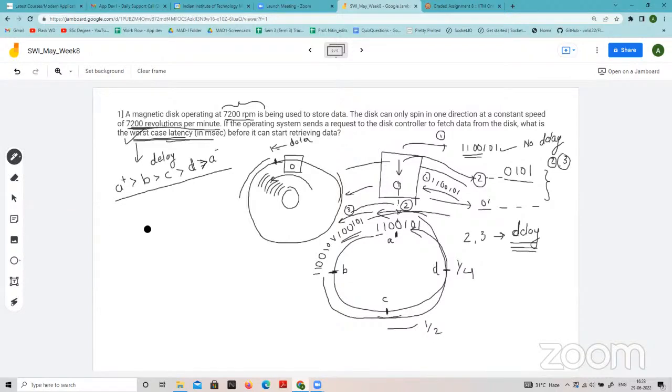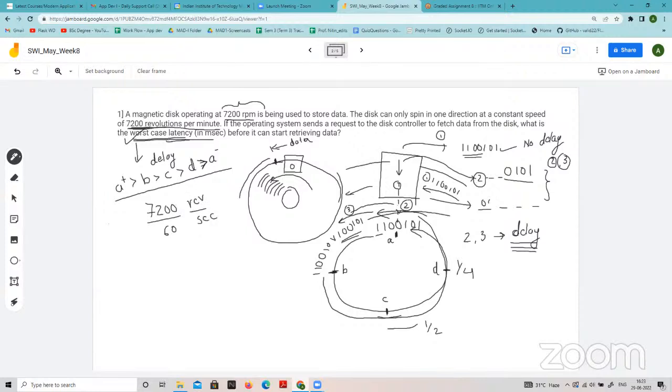Now I'll just remove this part, try to erase it. Okay. Now we'll use the data given in the question and find out the time taken by this point to take one rotation of the disk, right? Since there are 7200 revolutions per minute, I will say per 60 seconds, right? 7200 revolutions per 60 seconds.